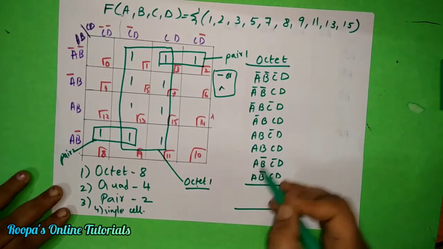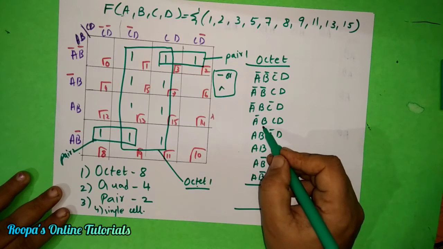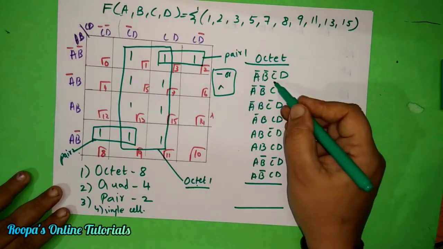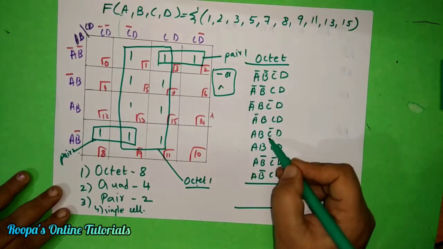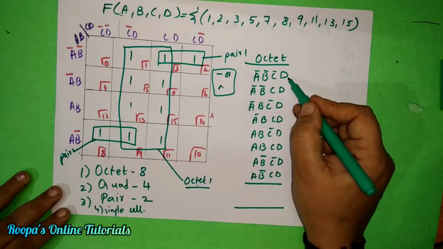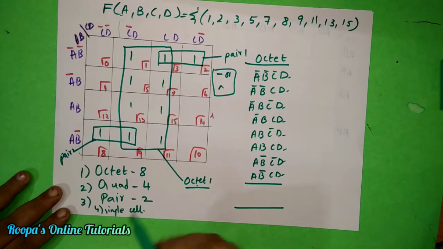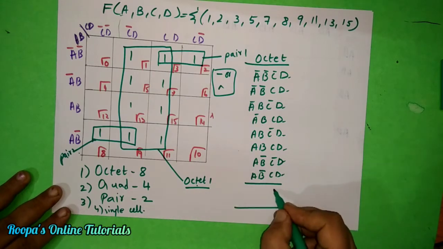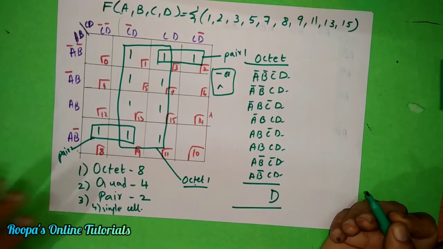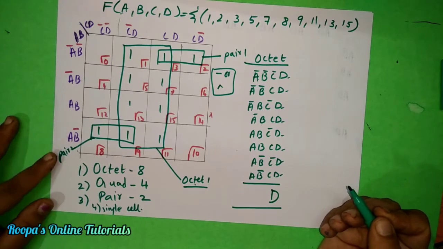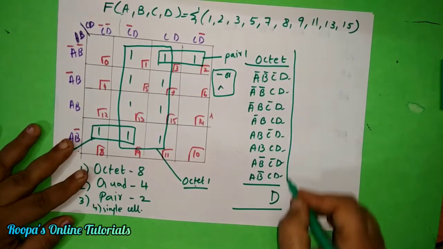Again B complement, somewhere you are finding B, that is also changed. But what is remaining same? C complement also has become C, but D is same in all the cells. D has not changed to D complement. So answer here will be D. Is this clear? Yes. So we have one term.